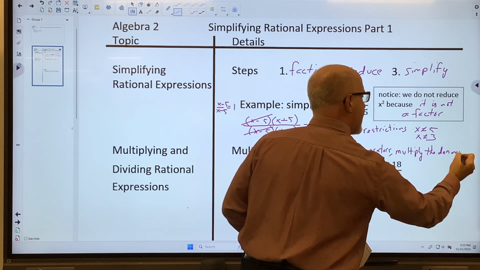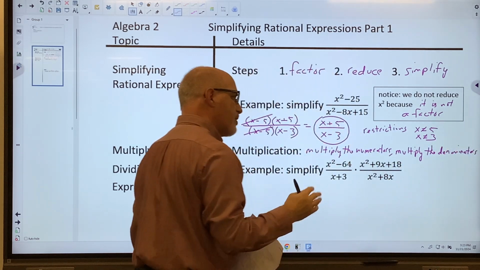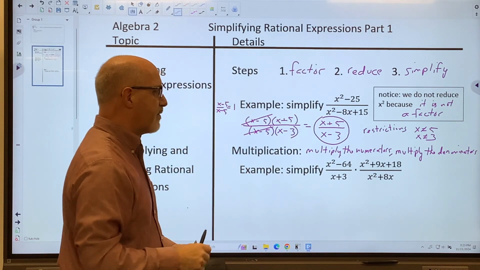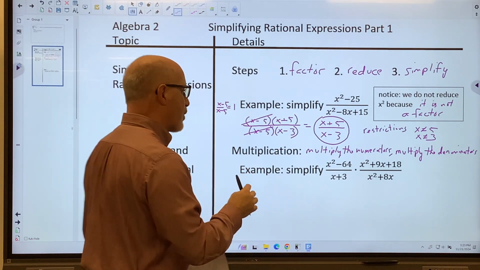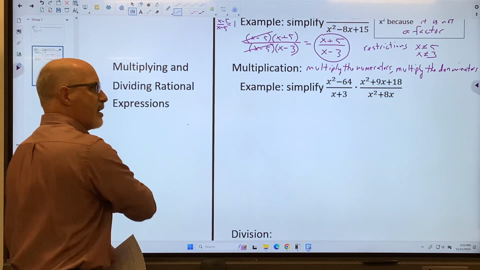This just adds an extra step to the simplification process. We're still going to factor, we're still going to reduce, and we're still going to simplify, but you also have to bring the two fractions together by multiplying the numerators and denominators.